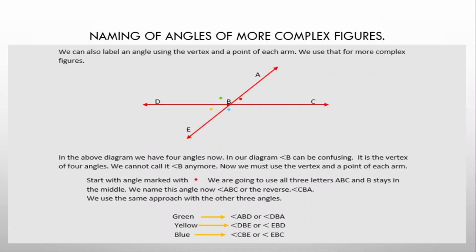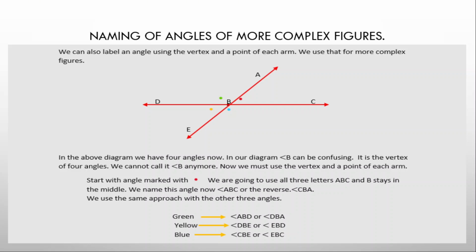Now in this diagram we have 4 angles. You see there? 1, 2, 3, 4. And B can be confusing because it belongs to 4 angles, or rather it is the vertex of 4 angles. Now we must use the vertex and a point on each arm to name them.